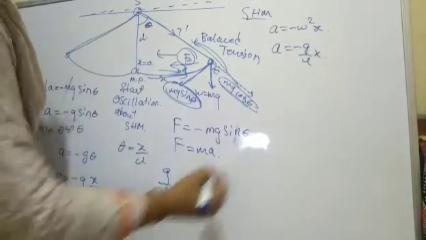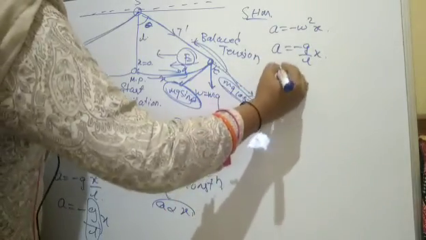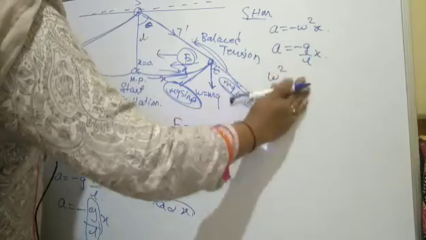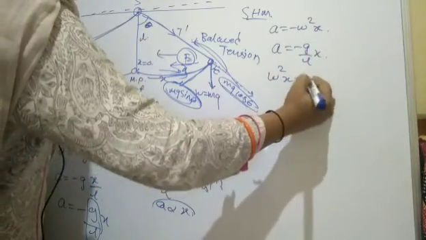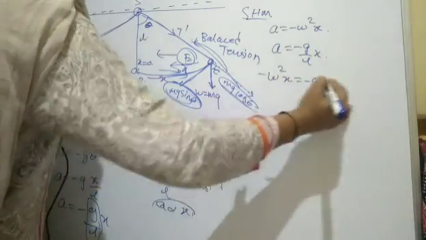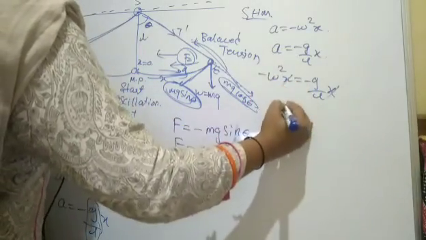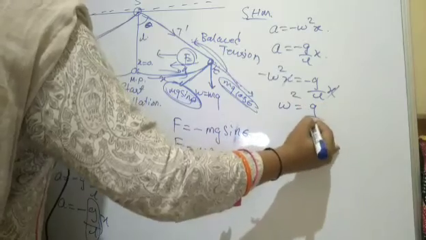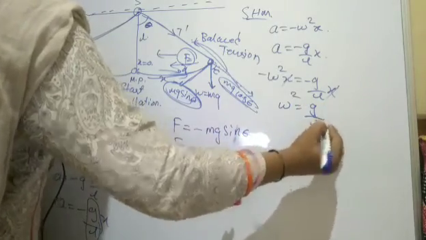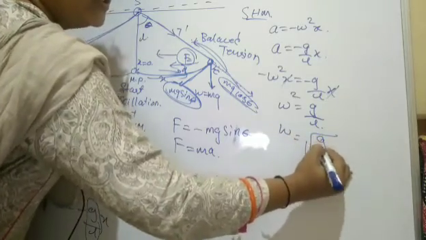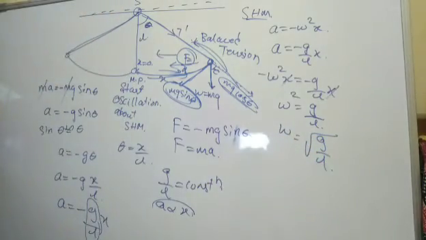That means omega square x is equal to minus g by L of x. So x gets cancelled, minus also gets cancelled. So g by L is omega square. So omega is equal to root of g by L.